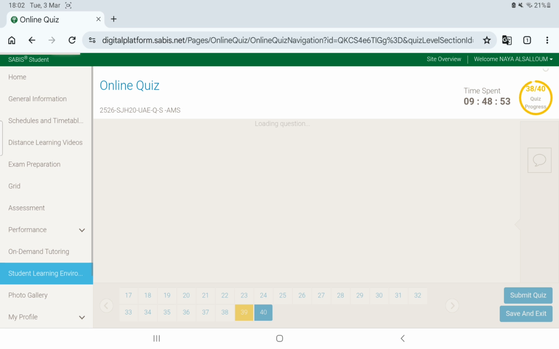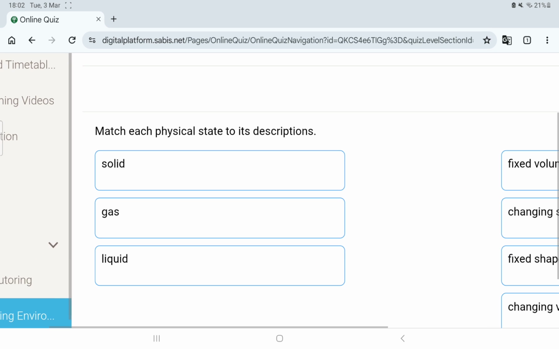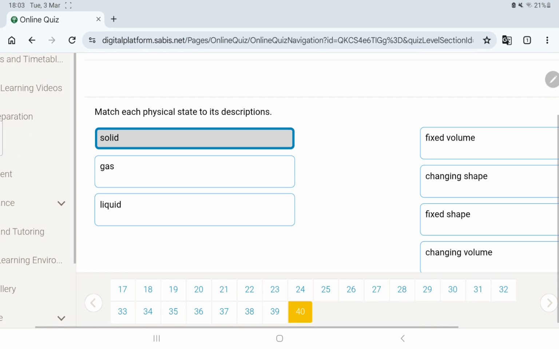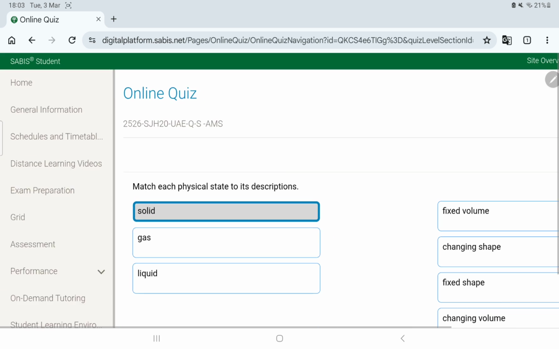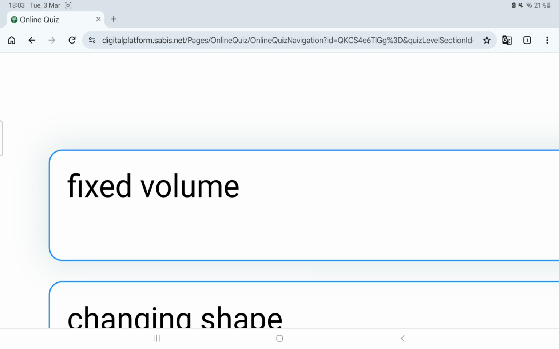So, last question. Okay, match each physical state to its descriptions. Now, a solid. When you have a solid cube, actually, it's fine. We're gonna do this orally. You have a solid cube. Does a solid cube have a fixed volume?